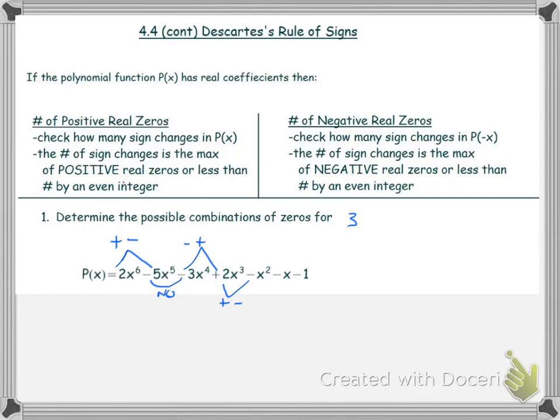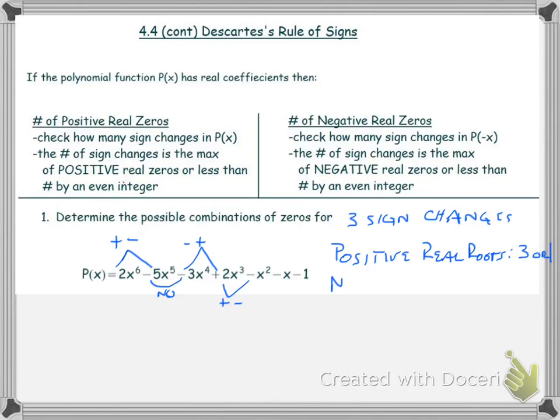So because there's three sign changes, what that means is the number of possible positive real roots or zeros is 3 or 1, because it could be the max of 3 or less than that by an even integer. So subtract 2 and I get 1.